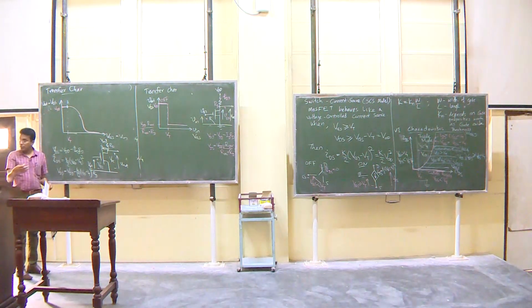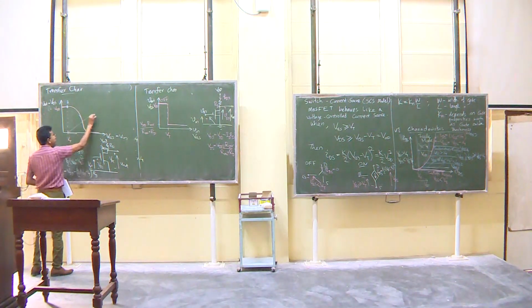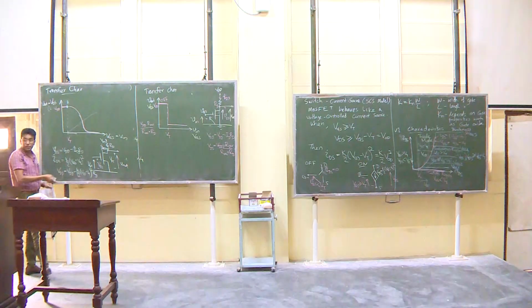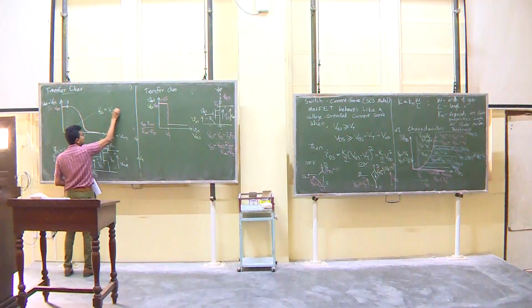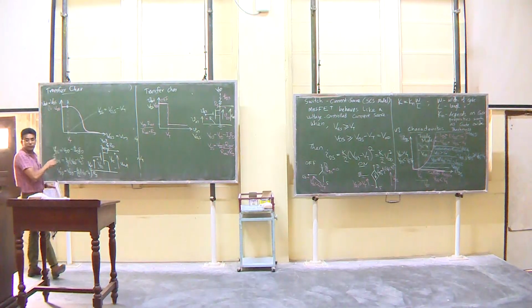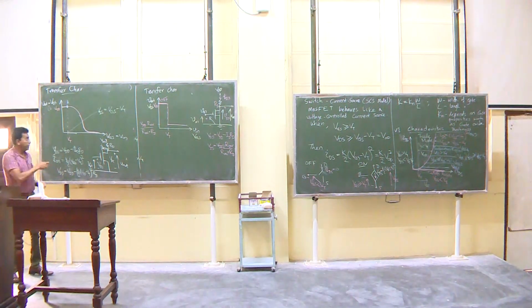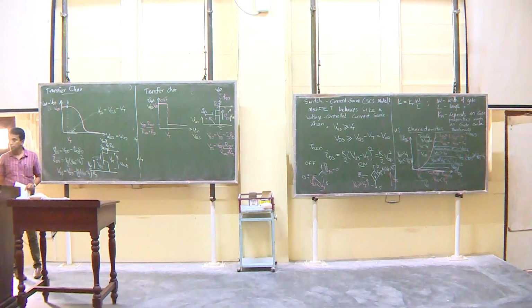Anything from here on is V overdrive. The square of that is what determines this thing. So, if I draw a line at 45 degrees like that, assuming these are on the same scale, this one is VDS equal to VGS minus VT. So, this is equal to that. That is a 45 degree angle, this equation.